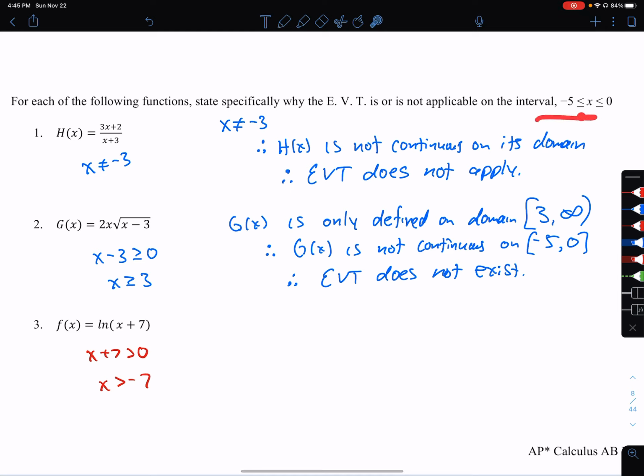Well, the interval we're looking at is from -5 to 0, which is bigger than -7. So we could say function f of x is continuous on the interval -5 to 0. Therefore, the extreme value theorem applies.